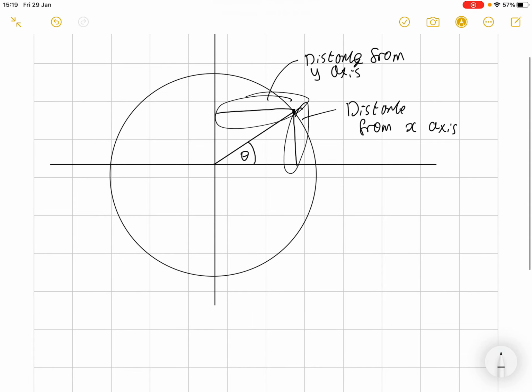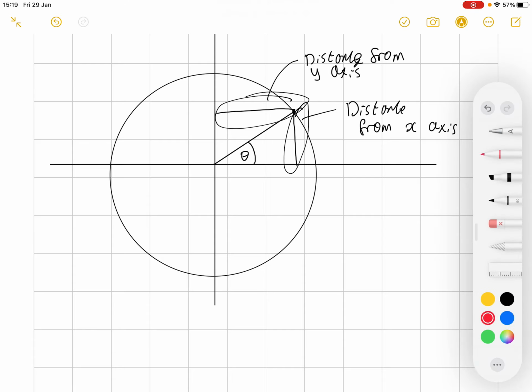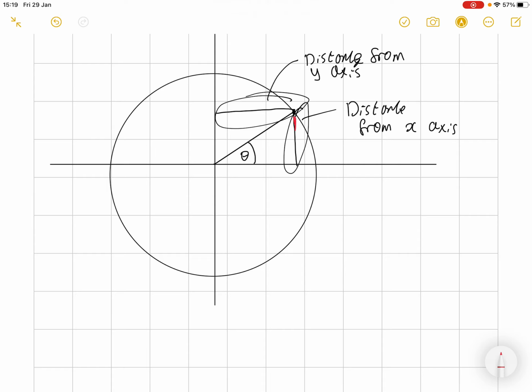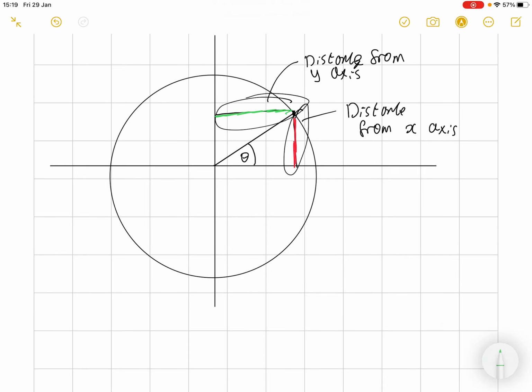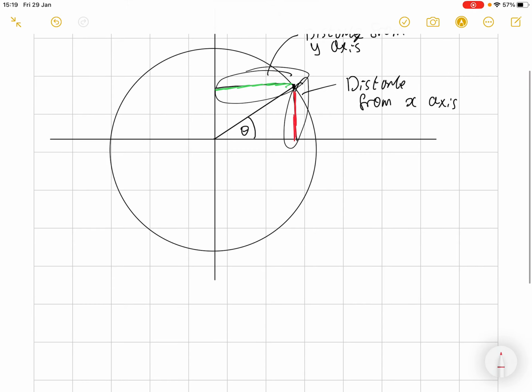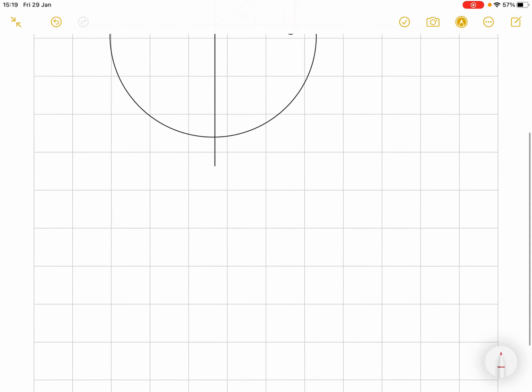And as we change this theta, these lengths will increase or decrease. So if we represent this length in red, and this length in green, then what we have is something that more or less looks like this.